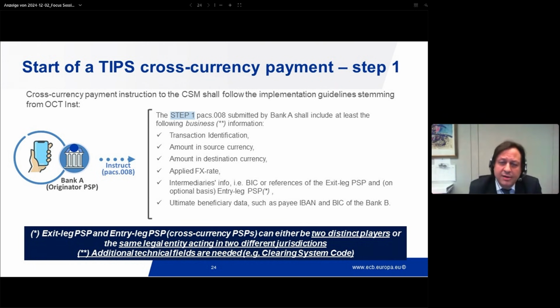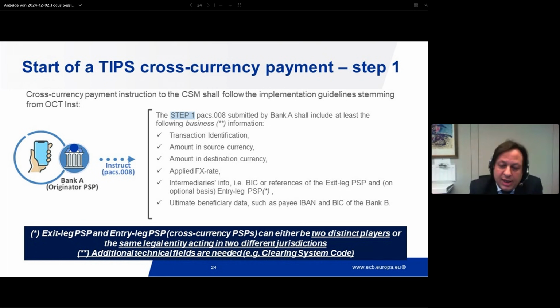There are some technical fields required just to have a smooth management of the end-to-end flow. And here in particular, we had to introduce a specific clearing system code just to mark the direction of the transaction.